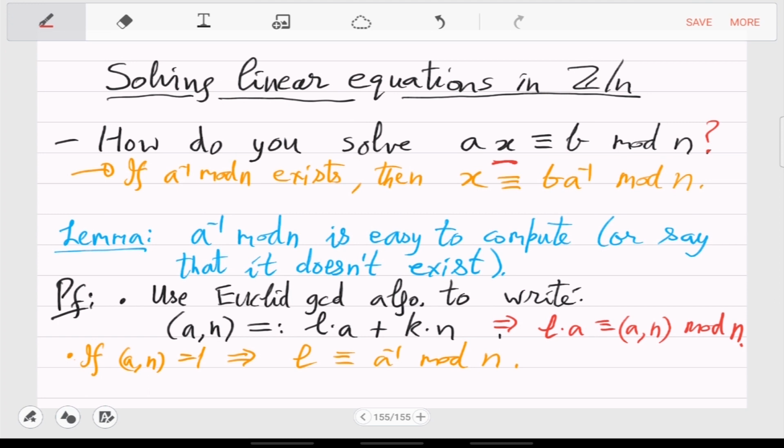So that will give you L and K. As you know from Bezout properties, L and K are also small. In particular, L and K will be smaller than, at least in magnitude, smaller than N. So L and K will be small numbers, you will get them fast. And this equation is saying that if GCD is 1, then that's A inverse. So you have computed A inverse. Okay, so what happens when the GCD is not 1? What do you do then?